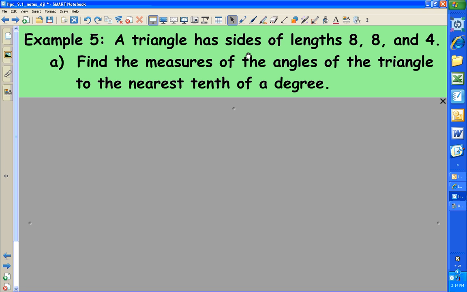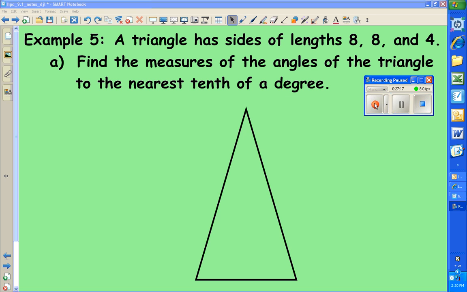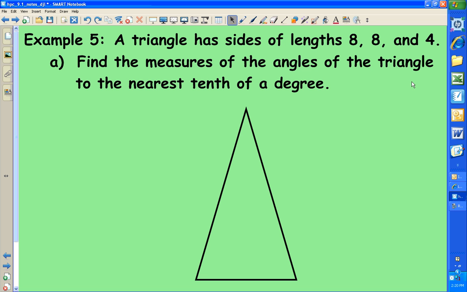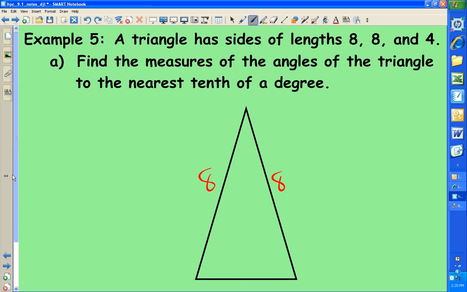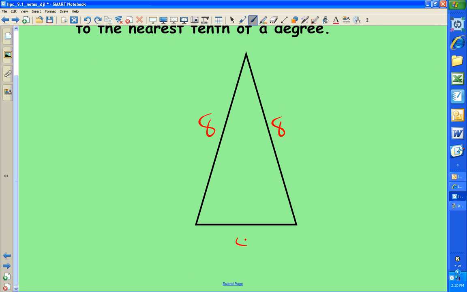So in this problem, you have a triangle with side lengths 8, 8, and 4. Find the measures of the three angles of the triangle to the nearest tenth of a degree. I would prefer 3 decimal places. So your picture, lengths of sides: 8, 8, and the bottom side is 4.